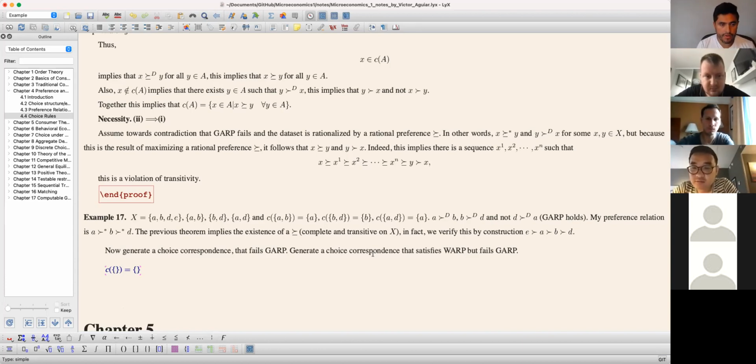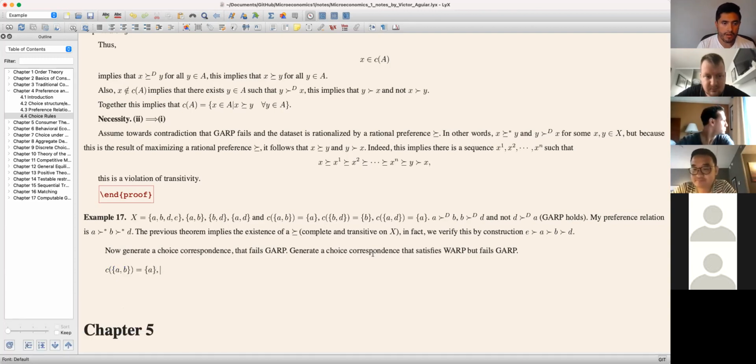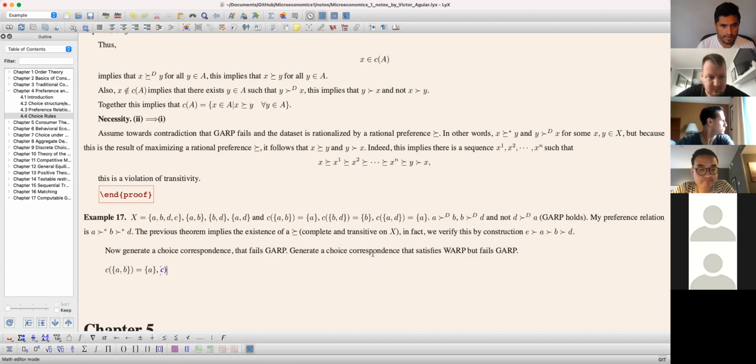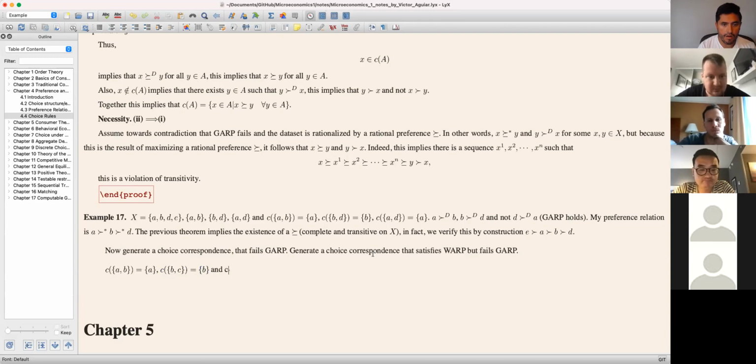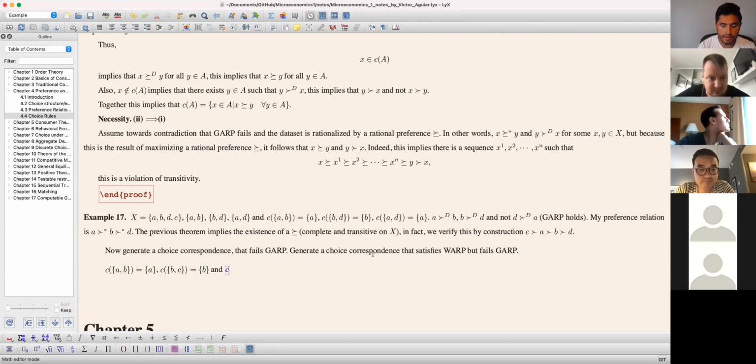So you can start from simple menus, so A versus B, then you have A, C. That would be the simpler one, but let's do something a little bit trickier. And then you have the one that can break everything.